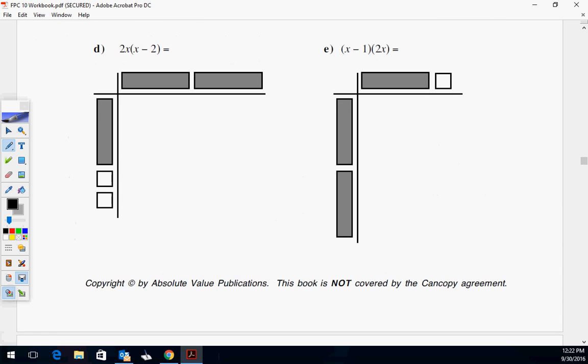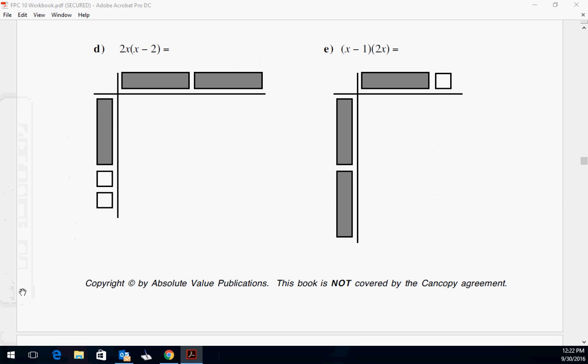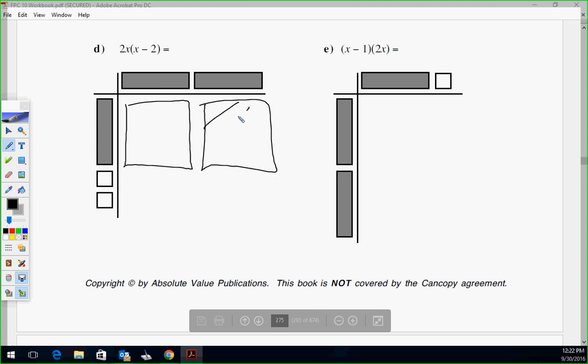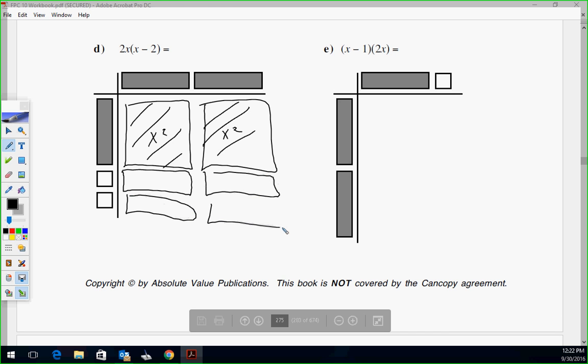Okay, here we go, last 2. Okay, so we got 2x times x minus 2. So again, 2x times the x is going to give me 2x squareds. They're both positive, so these are positive x squareds. Then I'm going to get a negative x, negative x, negative x, and a negative x.